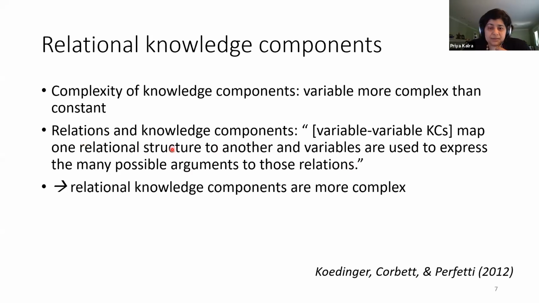So we have relational structure, arguments to those relations, and since this is a relational reasoning audience, that's probably raising some flags of interest for you. But I think we can infer from what they've said here that relational knowledge components are more complex than non-relational ones.